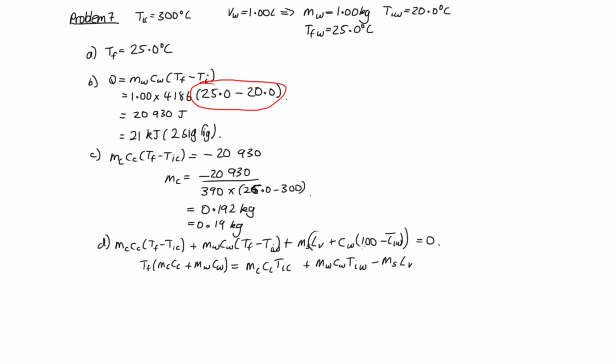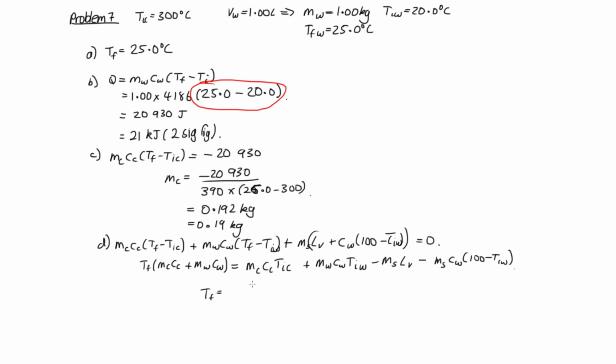And then we're also moving this term over here, so that is equal to, it becomes minus when we move it to the other side, minus the mass of the steam times the specific heat of water times the final temperature, which is the 100, minus the initial temperature of the water.